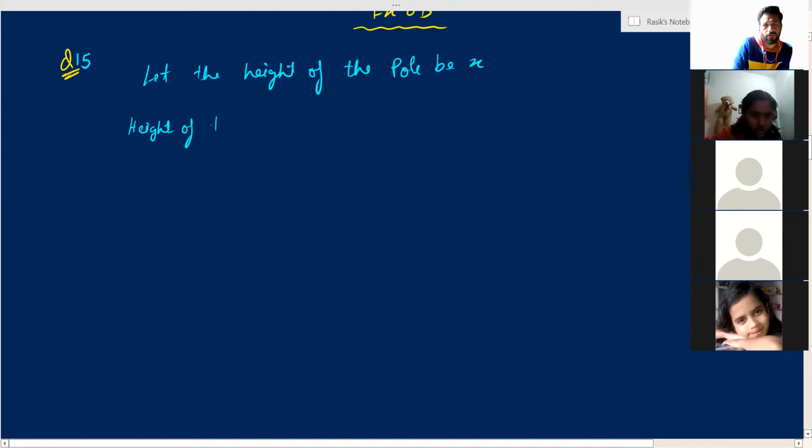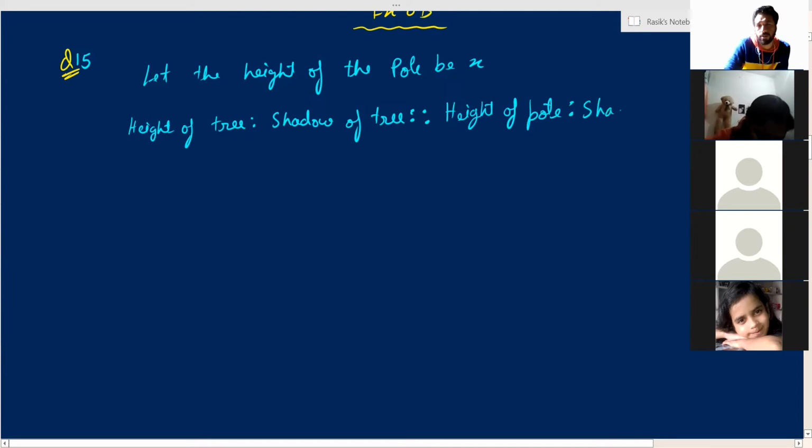Tree. Height of tree, ratio shadow of tree is proportional to height of pole, ratio shadow of pole. Have you all understood this concept which I just explained you?